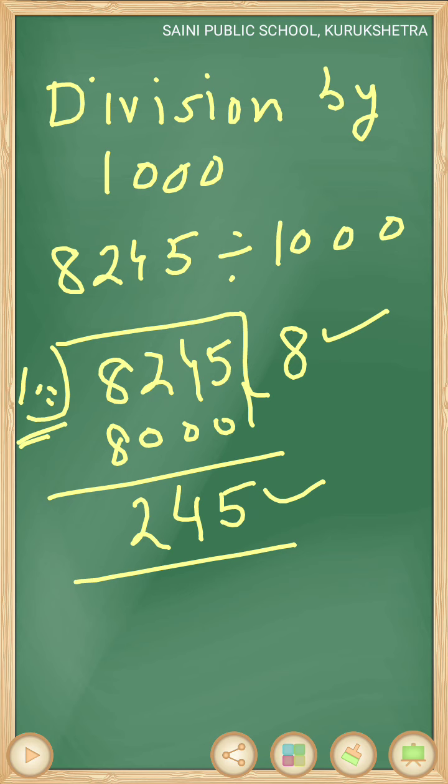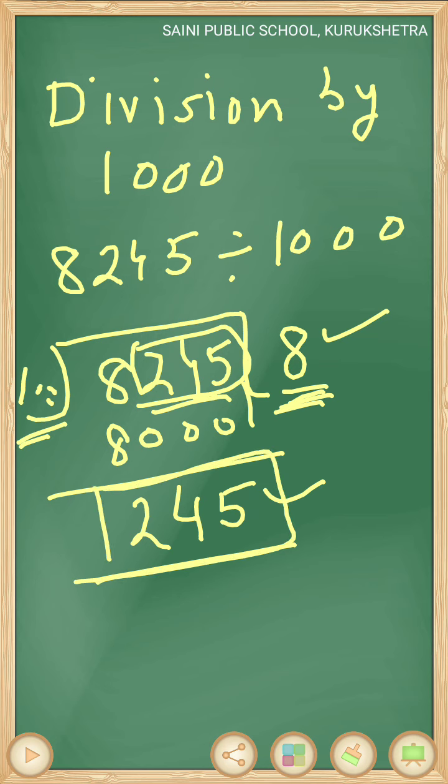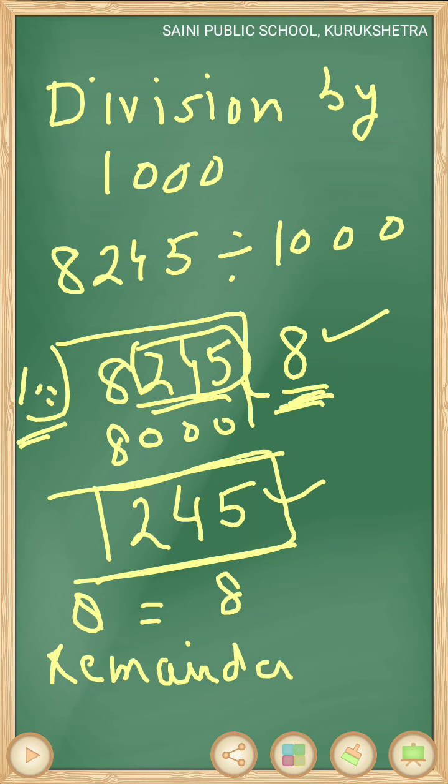You can see that while dividing a number by 1000, the quotient is obtained by removing the last three digits from the number, and these last three digits form the remainder. Here the quotient is 8 and the remainder is 245.